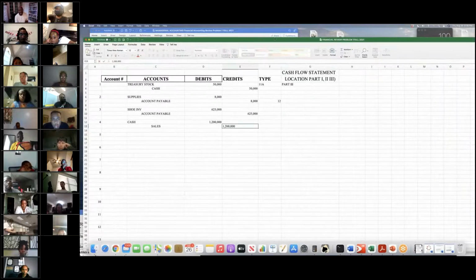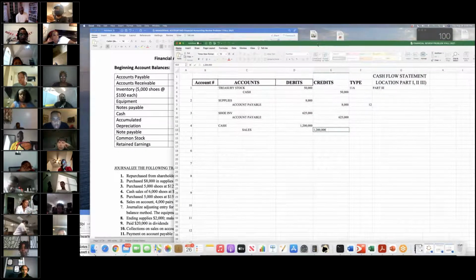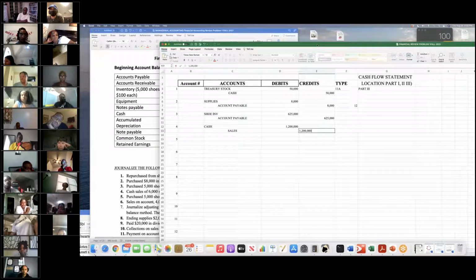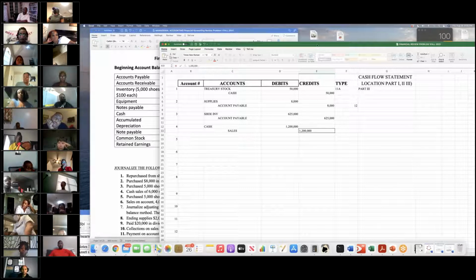When you buy inventory and you're running a company, if the delivery person drops off these shoes, are you going to give him a check? No. Are you going to give him cash of $625,000? No, I got it.